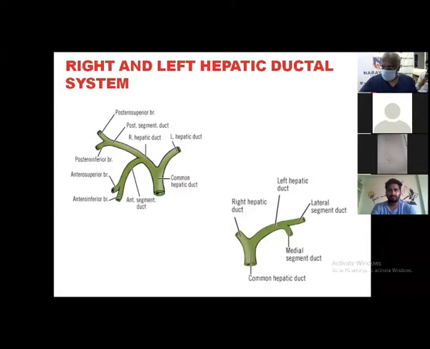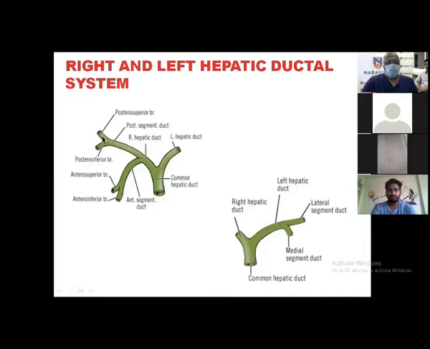The right and left ductal system actually has a segmental supply. The right divides into an anteromedial and a posterolateral branch. The anteromedial segment contains 5 and 8. It divides into an anterior superior branch going to 8 and an inferior branch going to segment 5. So segments 5 and 8 are the medial-most.